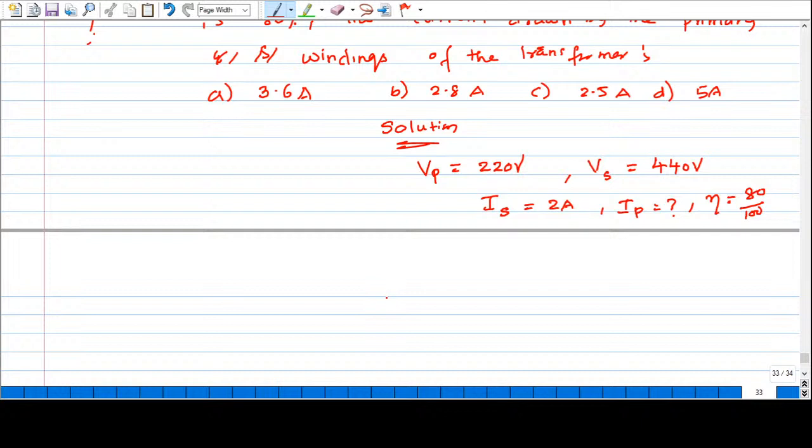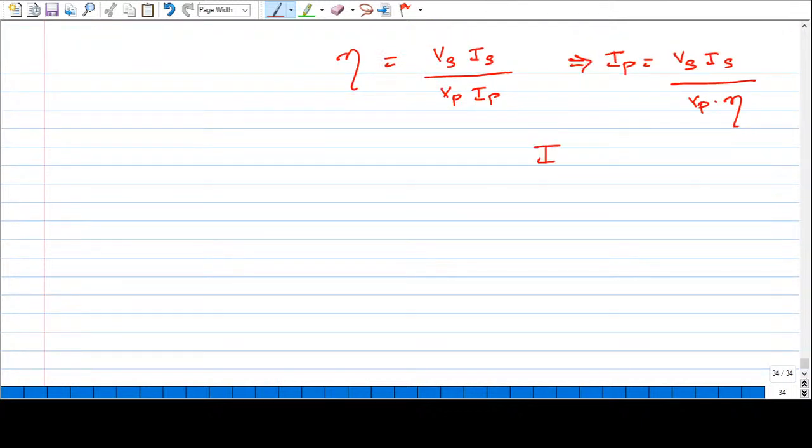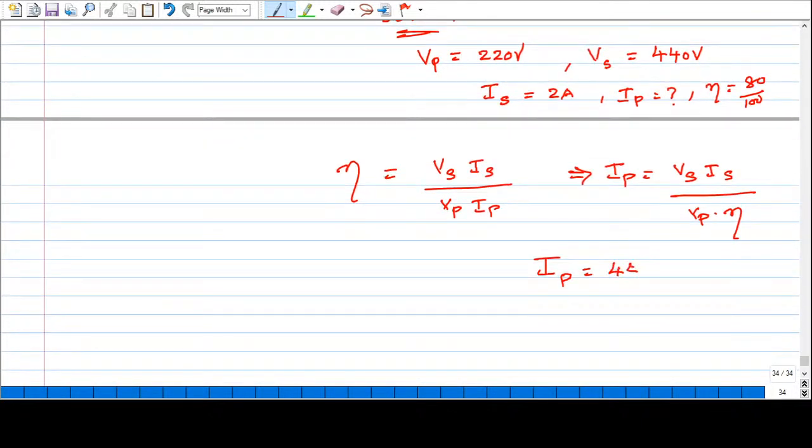Now we have to find the value of Ip with the help of a formula. Eta is equal to Vs Is by Vp Ip. From this, Ip is equal to Vs Is divided by Vp into eta. Now substitute the values. Vs is 440 into 2 divided by Vp, which is 220, and eta is 80 by 100.